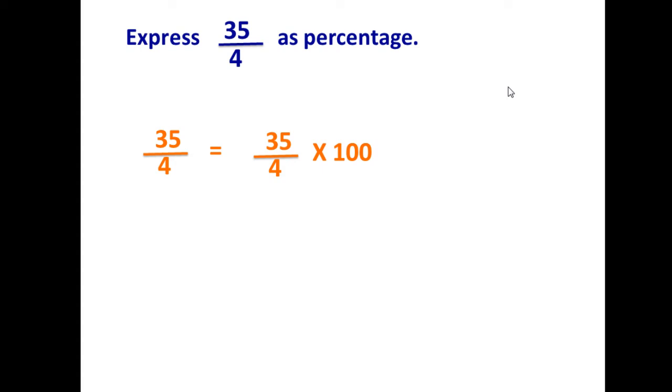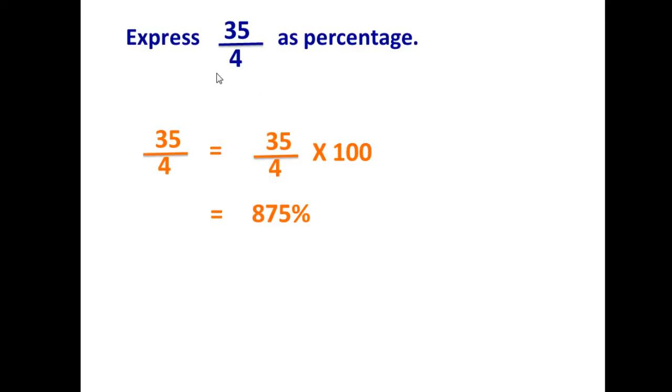If you want to do simplification by dividing 100 by 4, it's up to you. Divide by 4, and the answer is 875, and you get the symbol that you require, that is percent. Clear? So by this, we have converted a fraction into percentage, and we have this new symbol with us.